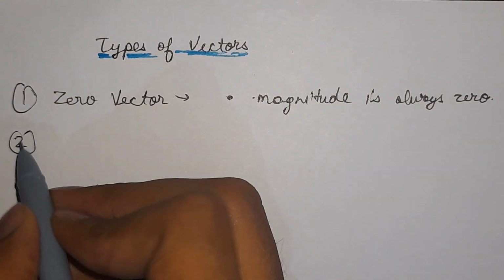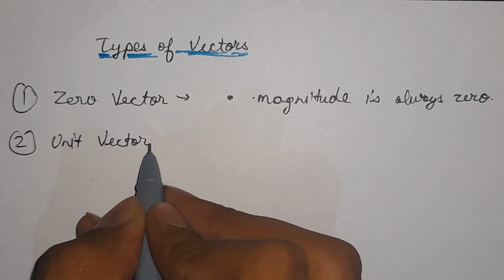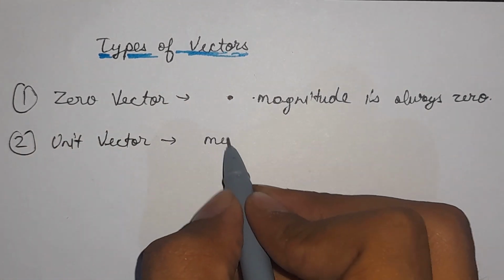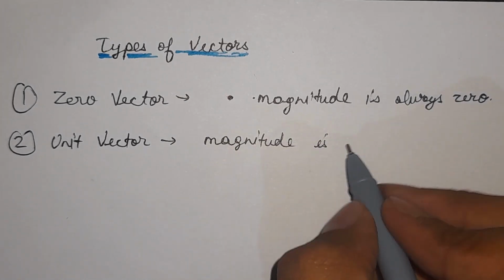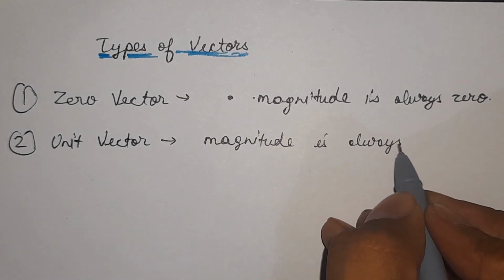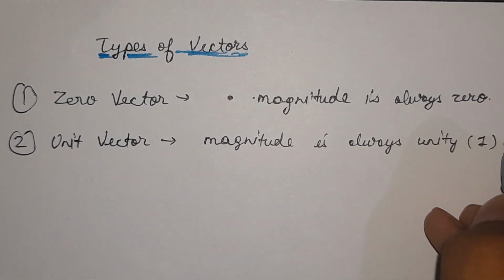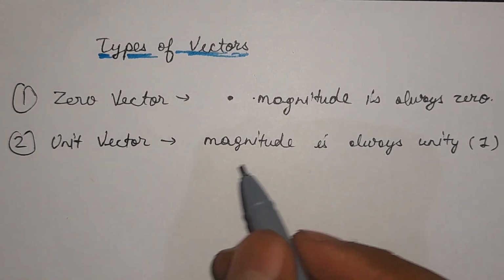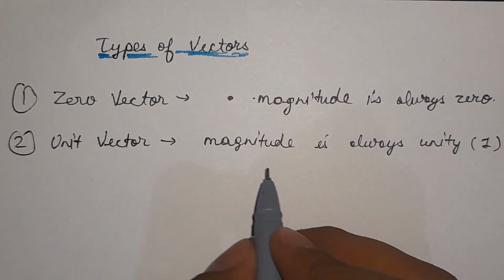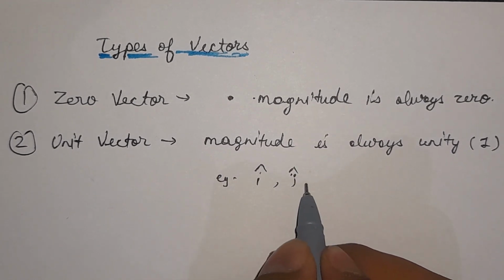Second is the unit vector. In a unit vector, magnitude is always 1, or you can say unity. The direction of a unit vector is always denoted by a cap, for example i cap, j cap, or k cap.